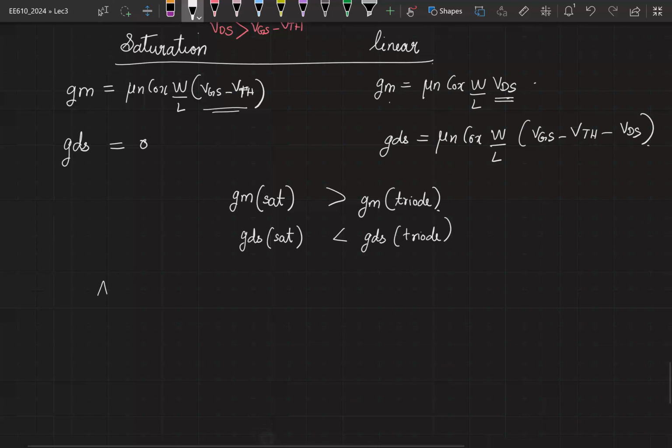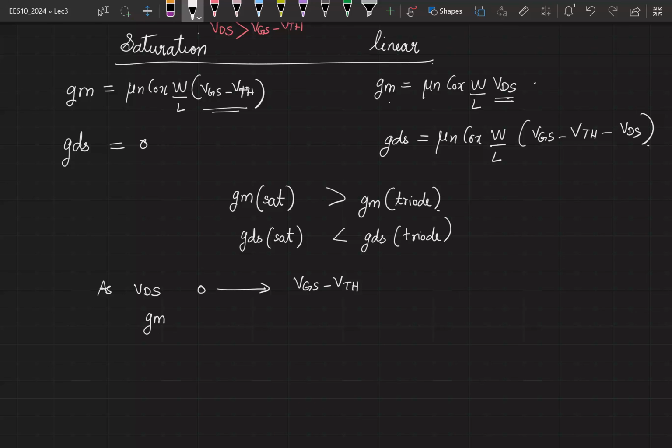Now, as your VDS goes from 0 to VGS minus VTH, how does your GM value change? When your VDS is 0, what is the value for GM? You'll first have to identify the region of operation, whether it is saturation or linear, right? If your VDS is 0, what can be the region of operation?